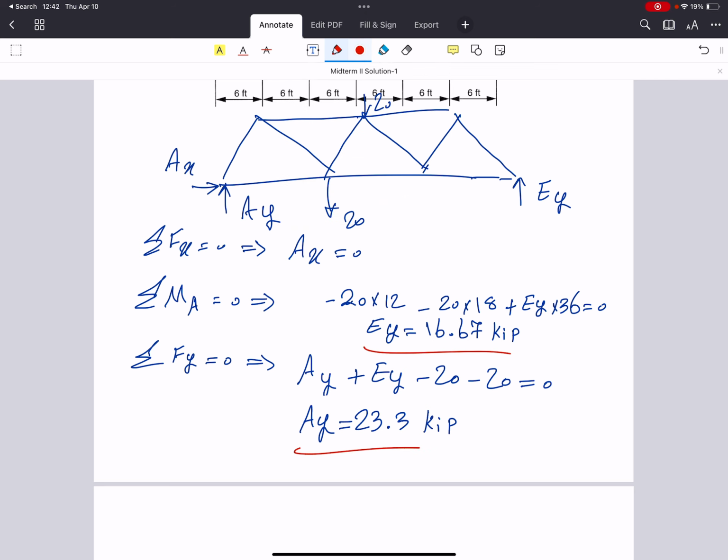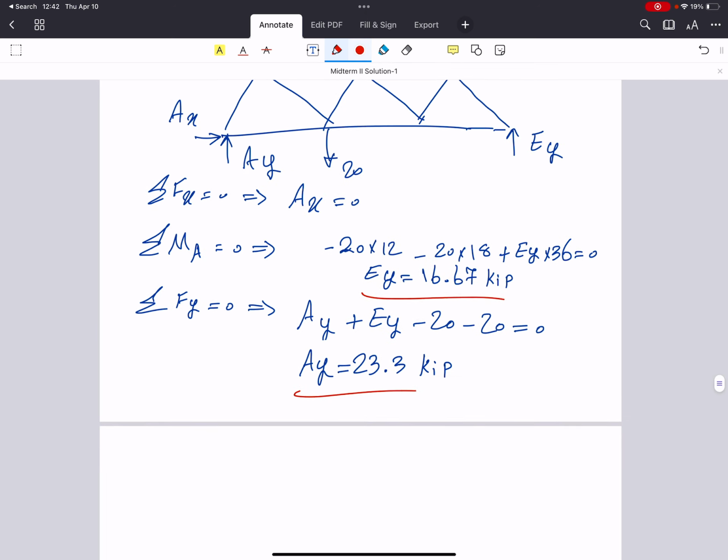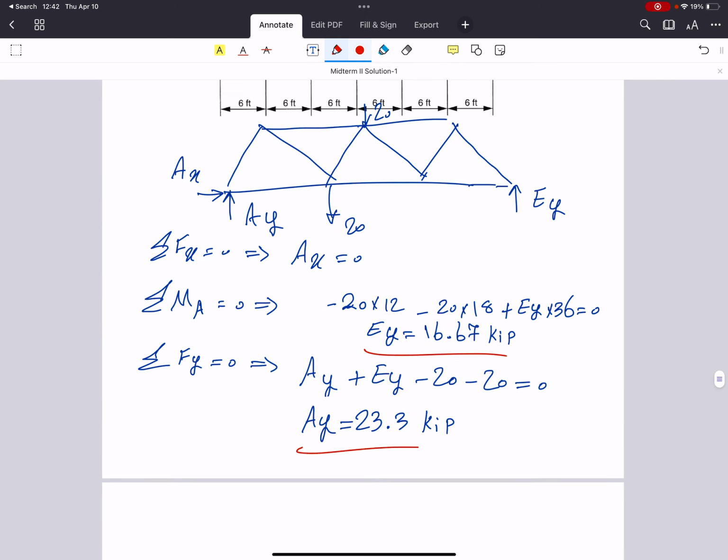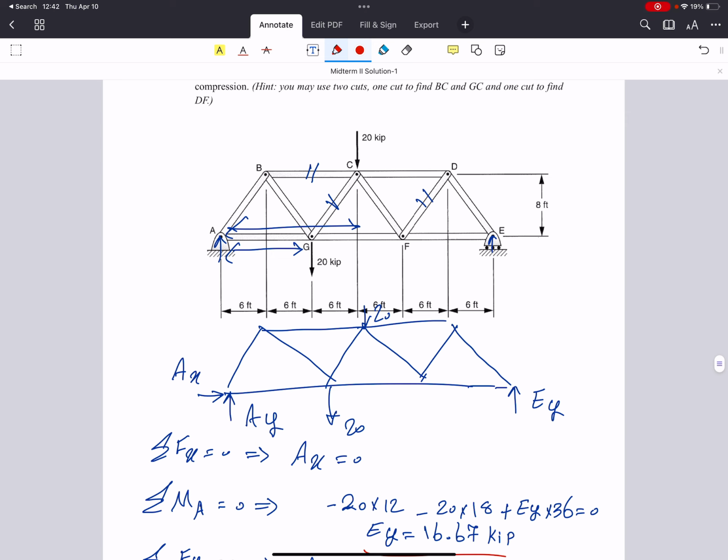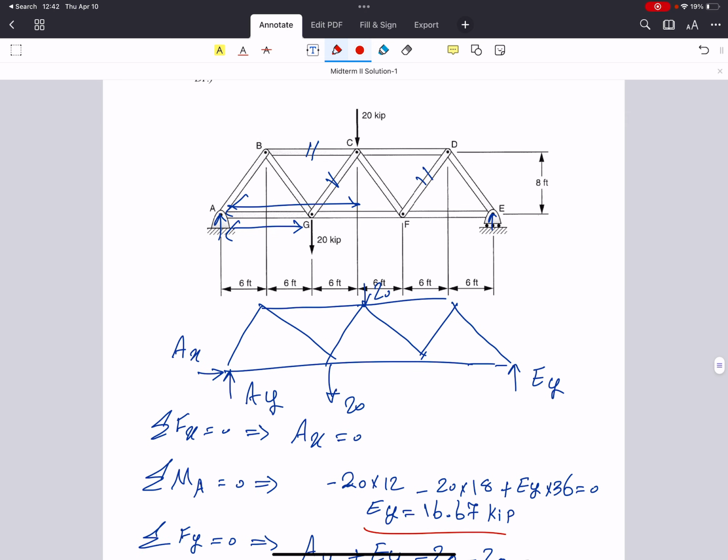Okay, now we have this force. Now we want to go and cut, because we want to find BC and GC and FD. We can use a cut here.